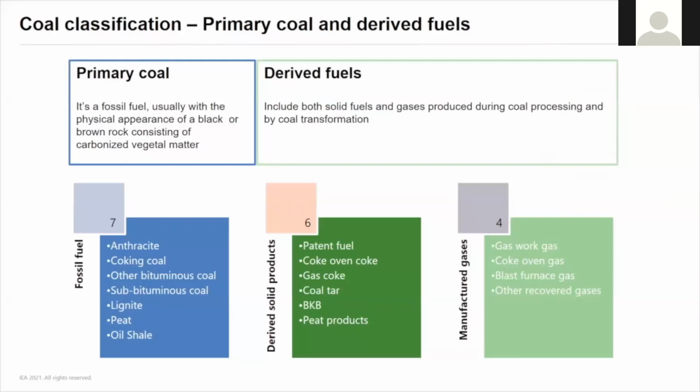We also have derived fuels, such as we had secondary oil products. We can have some derived solid products from activities such as coal tar, coke, or patent fuels, and also some manufactured gases that are some of the outputs of activities in the metallurgical sectors, for example.